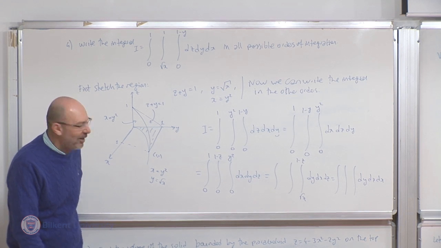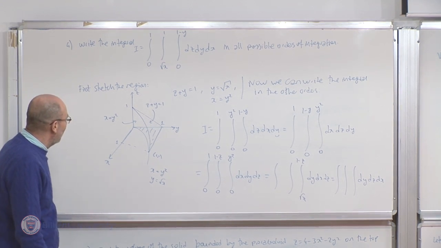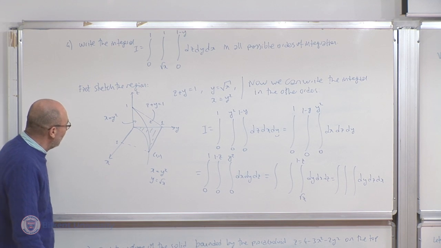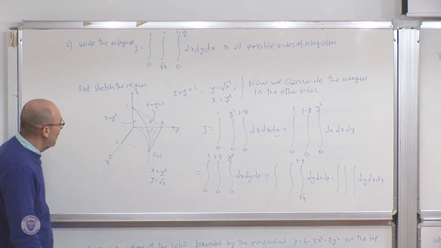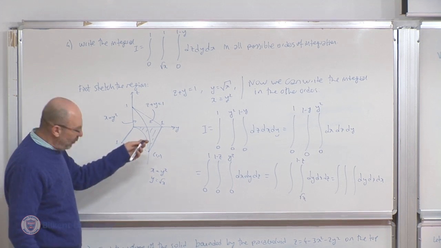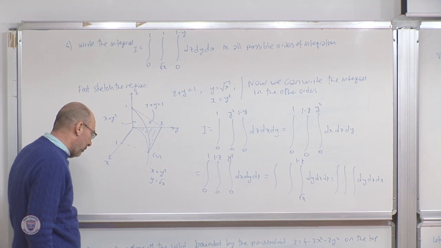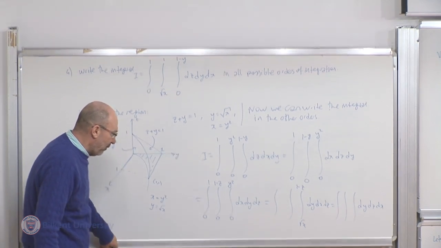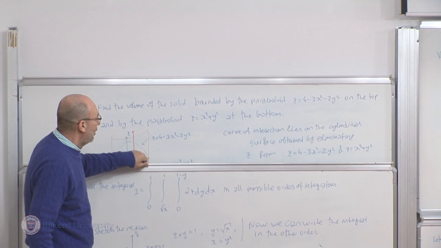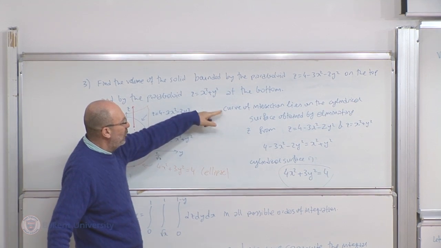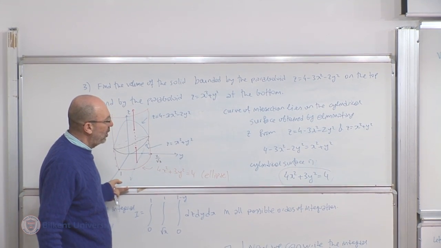So you should find the relation between x and z. Well, I think we wrote this. Curve of intersection lies on this blah blah blah. You do the same thing.